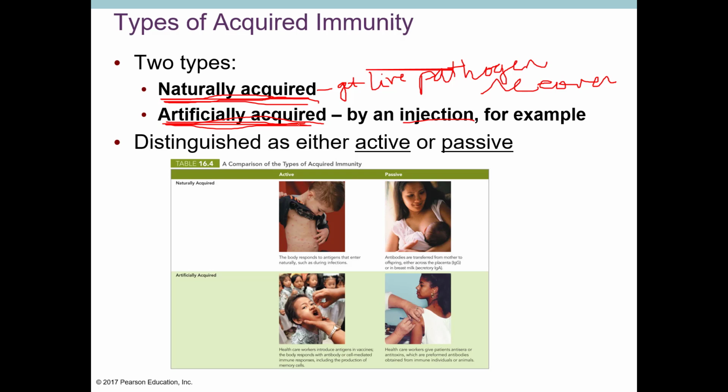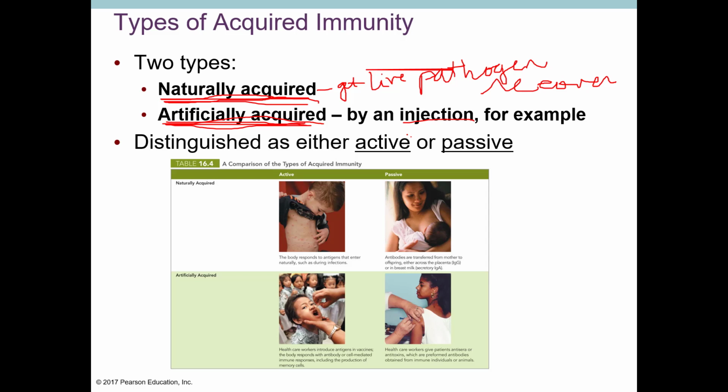You get the immunity, but with naturally acquired immunity there's a chance you won't recover. So some people might not survive. So artificially acquired is a lot of times better, because you're not suffering the disease. You're just getting the dead pathogen, so your body can set up the reaction.